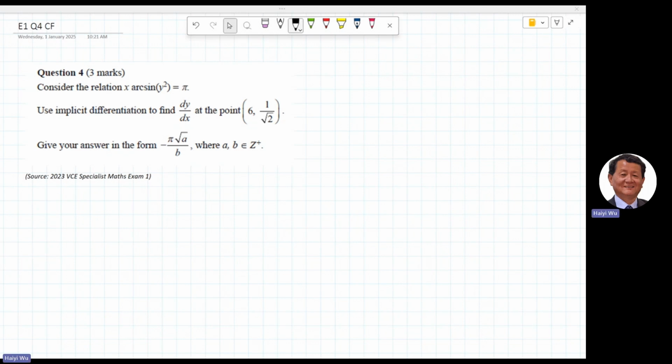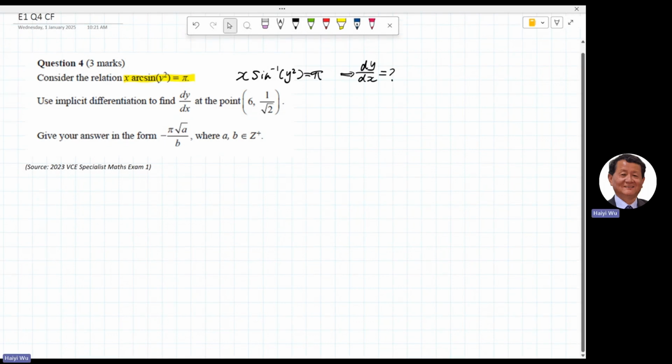All right, so we've got an implicit equation. x times arcsine, which means sine inverse, of y squared equals pi. So we need to find dy/dx.